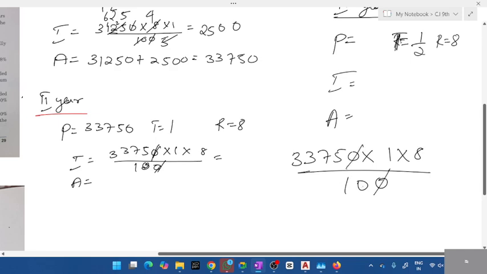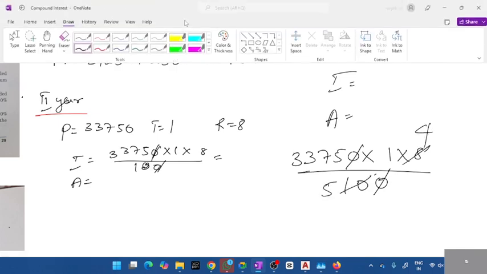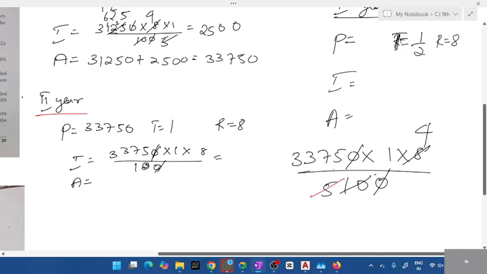Next. 4 and 2, 5. Next. 675 into 4. How much is 675 into 4?